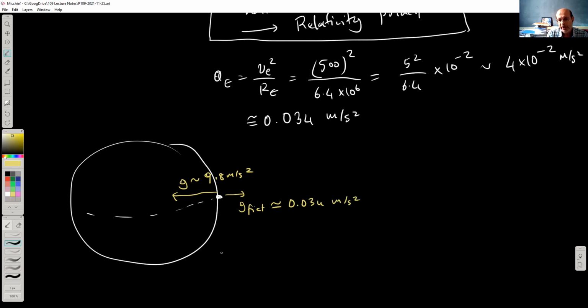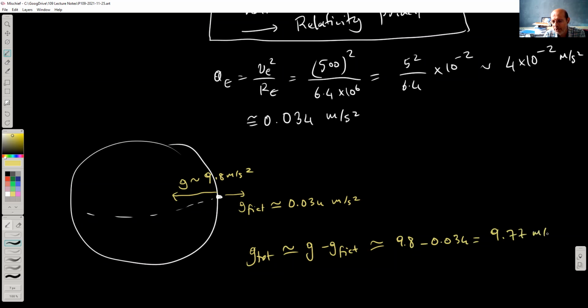Okay. So as a result, the total gravity would be like g minus the fictitious one. Just keep in mind that I'm adding them up vectorially, so the components would also be added up. So it's basically the component towards the center. Let's see. So that's going to be like 9.8 minus 0.034. So that's going to be 9.77 meters per second squared.